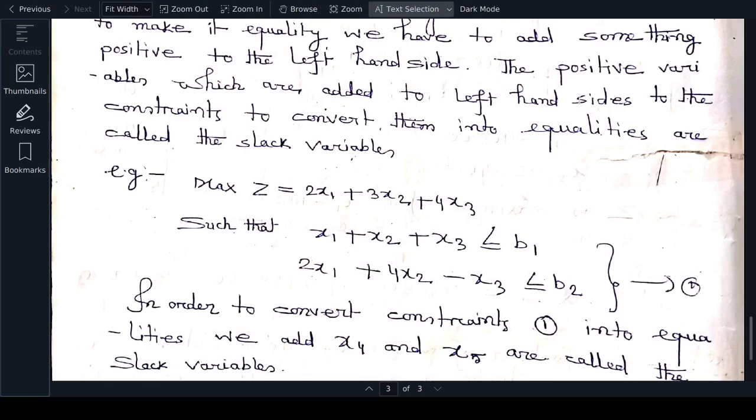If the greater than or equal to symbol is present, we cannot add in the left hand side, then we subtract something positive from the left hand side, then balance.